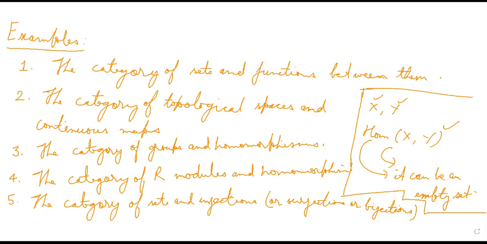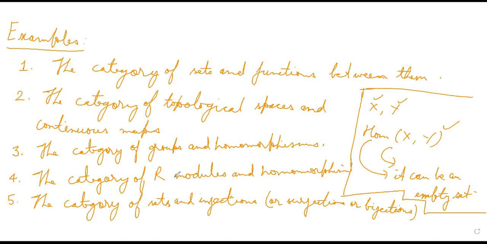So let us discuss this one a bit more. So first you consider the class of objects as the collection of all the sets, right? Then given any two sets, consider hom xy as the collection of all injective functions from x to y, right? So it is possible that there is no injective function from x to y. In that case, hom xy will be an empty set, right?